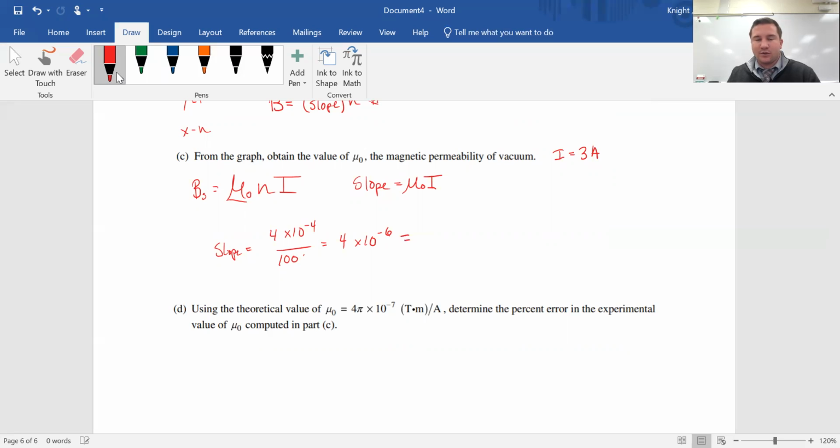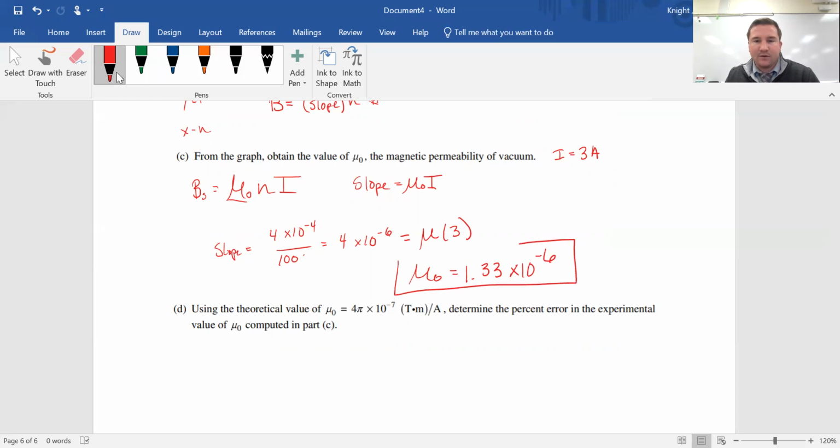That's going to be equal to mu naught times 3. We divide that over, so 4 times 10 to the negative 6th divided by 3 gives us a mu naught value of 1.33 times 10 to the negative 6th.